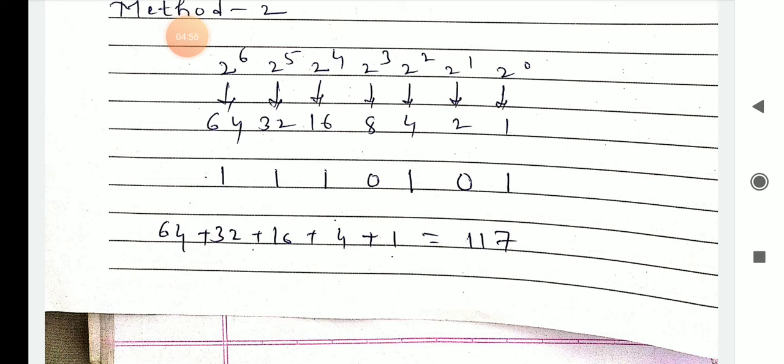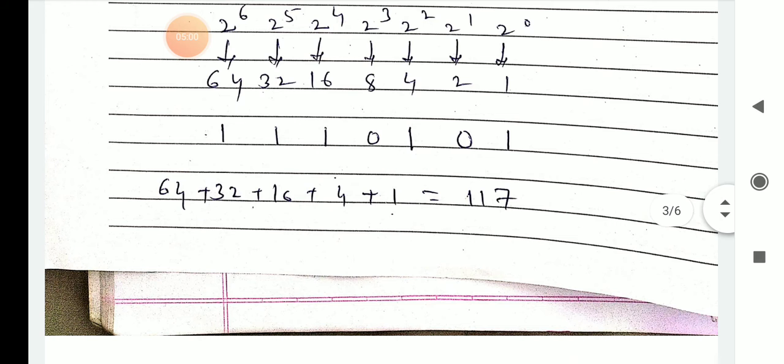Whenever 1 is there you consider that number, whenever 0 is there you do not. So this is the representation of 117 by method 2.